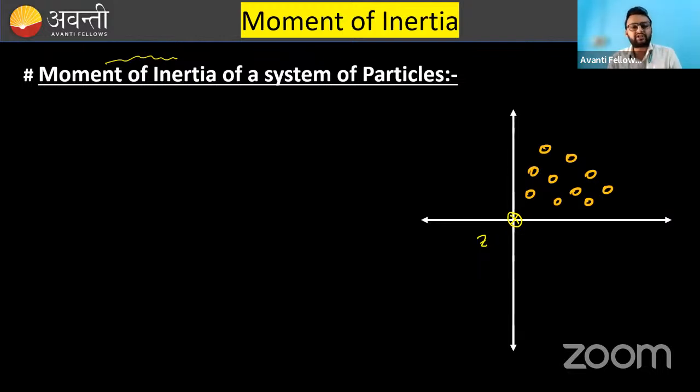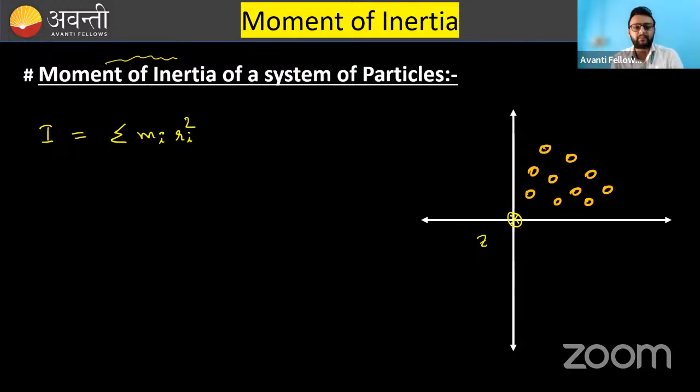Moment of inertia is denoted by I, and it is defined as summation mi ri square. Here, mi is the mass of the ith particle.